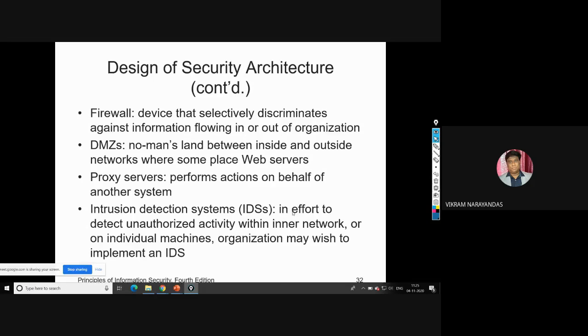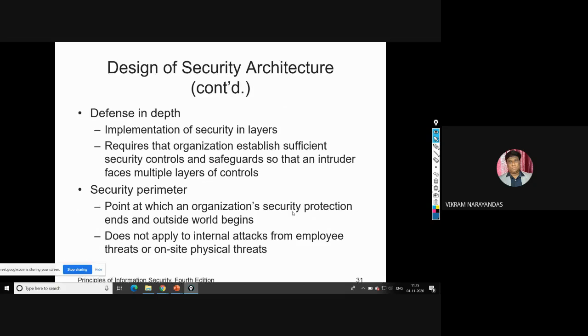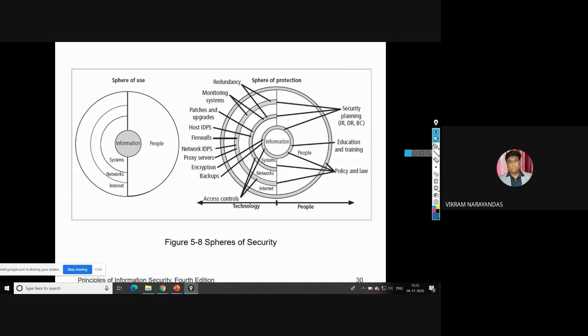So we need some security perimeter, which is a point at which the organization's security protection ends here. Security perimeter is a point at which an organization's security protection ends and the outside world begins.